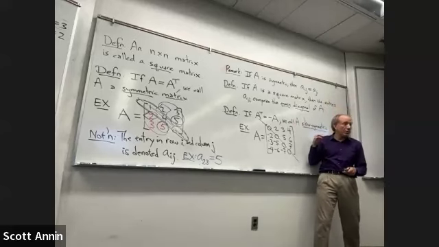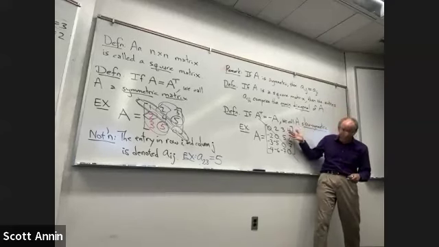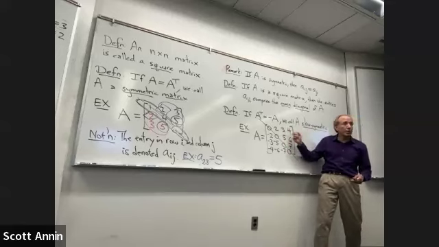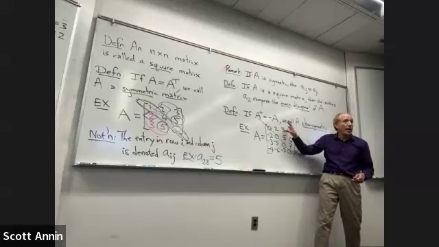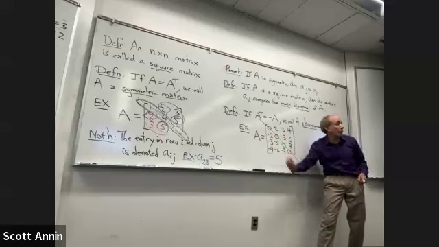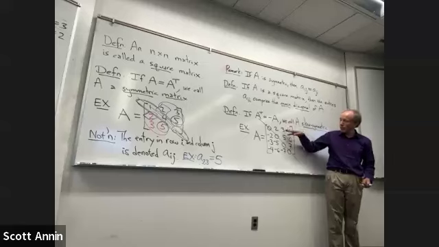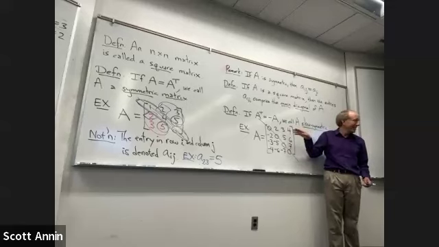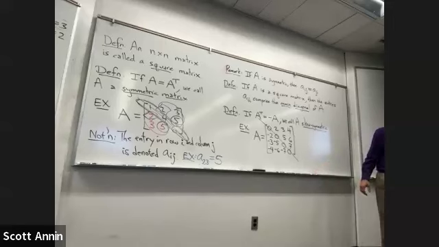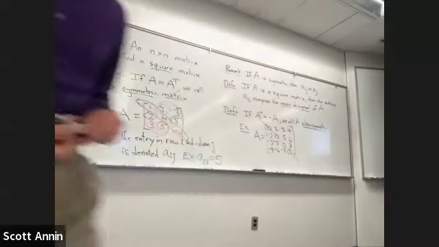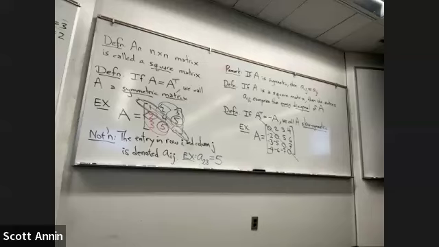So for skew symmetric matrices, when you flip this matrix across the main diagonal here, the numbers in the upper right corner have to become their negatives in the lower left corner. The transpose of this matrix would literally have all the negatives in the northeast corner and all the positives in the southwest corner, which is the negative of what's currently there. And that's how the definition is written. So that's a skew symmetric matrix.